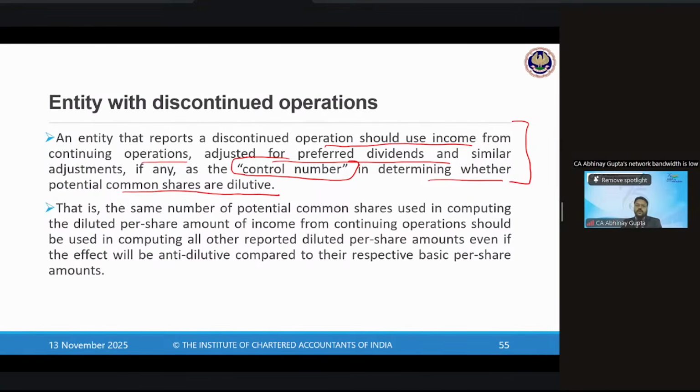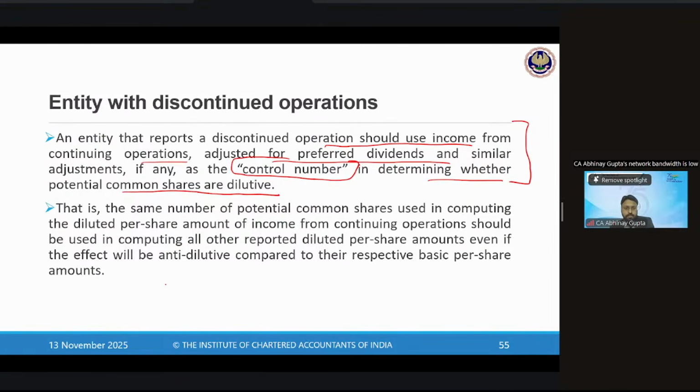And what would be the control number? The control number would be the basic earning per share from continuing operations. If that is getting diluted, then dilutive earning per share is there. If that is not getting diluted, then for discontinued operations, diluted earning per share will not be calculated, even if it is dilutive, right? That's what we discussed before the break.